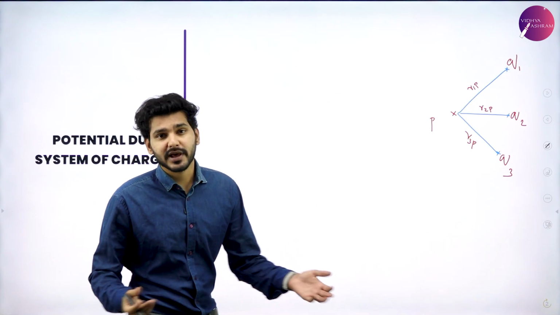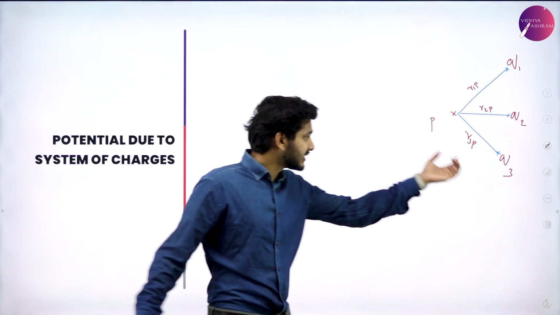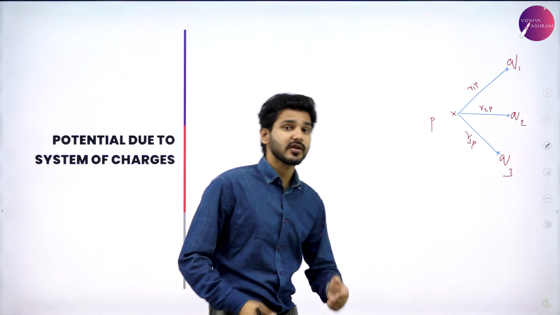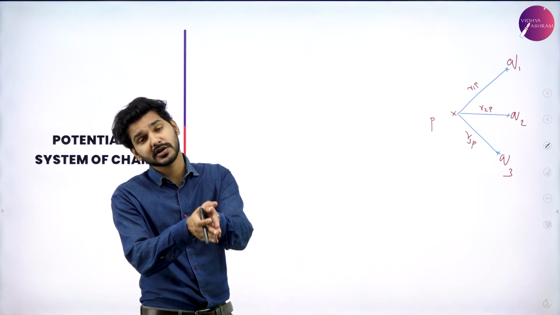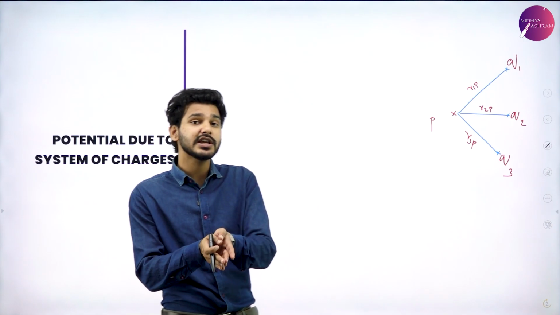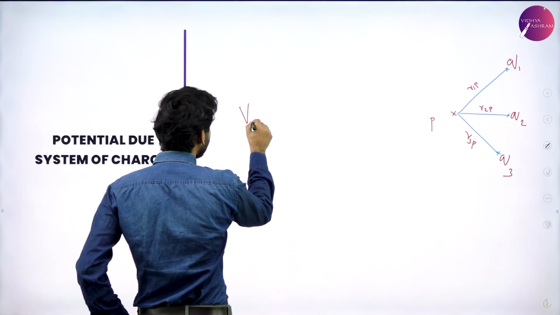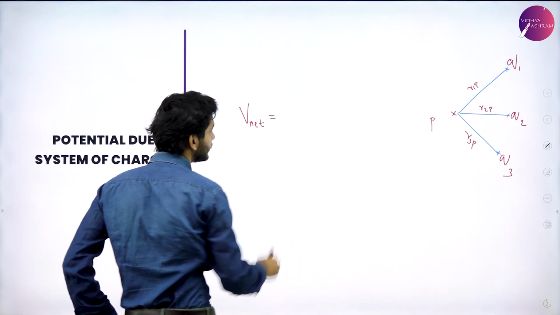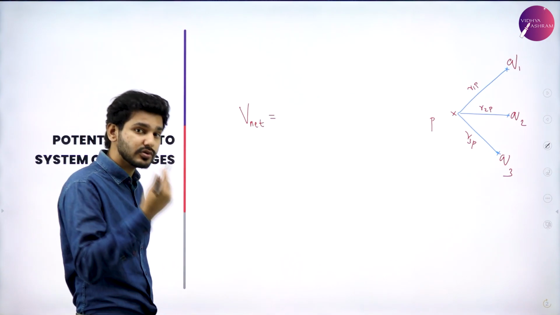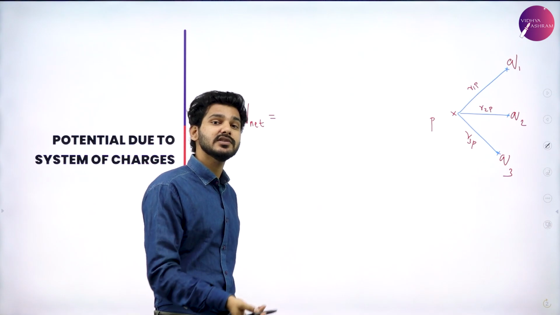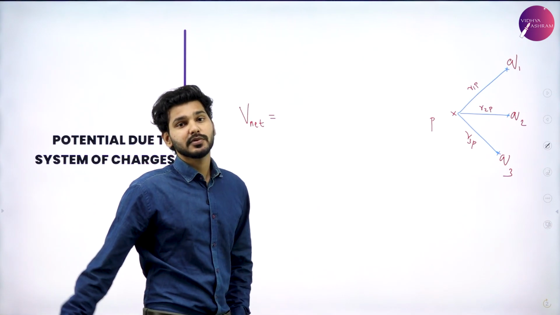Then we have our parameters, which state that there is a charge, there is a distance, and what we have to find is the potential at that particular point. And for that, we already know that the net potential, that is V net, will be equal to the total vector sum of the individual potentials at particular points.